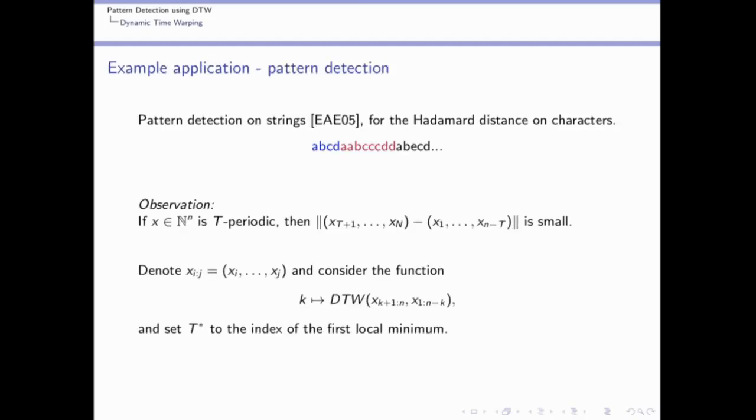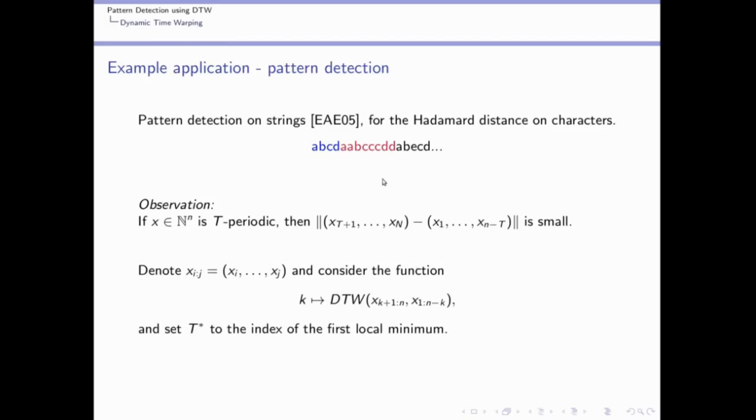So to move on to applications, the first one is very much related to my thesis, this project and what I'm trying to work on now. It is based on the following observation. If we have a periodic pattern, and we consider two vectors, one where we discard the first t coordinates and one in which we discard the last t coordinates, then if it's t periodic, the distance between the two should be small.